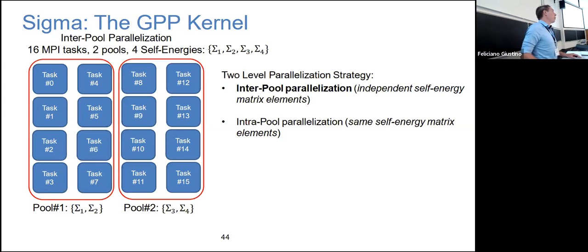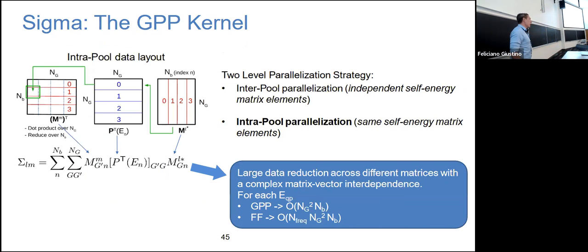The first pool is working on the first 2 self-energy matrix elements, and the second pool works on the other 2. The complication in implementing the parallel version for the evaluation of self-energy matrix elements essentially happens within the pool, and this is what we call the intrapool parallelization.